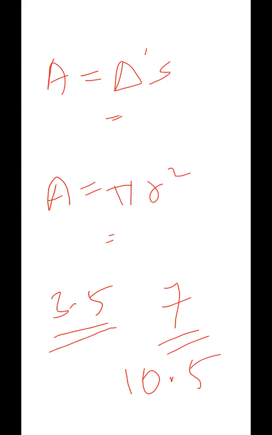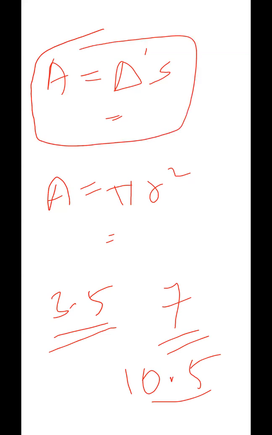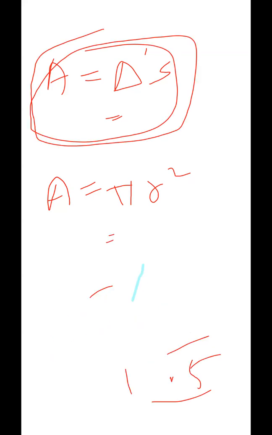Okay, sir. And I told you that the area which you will get using triangles will always be less. Why will it be less? Because the small spaces will remain in the end.